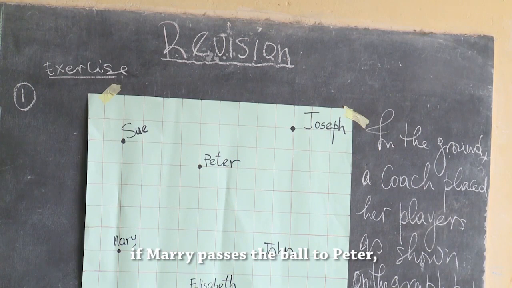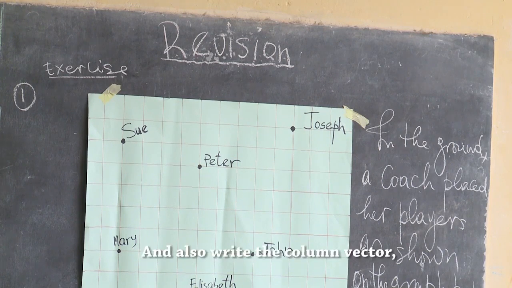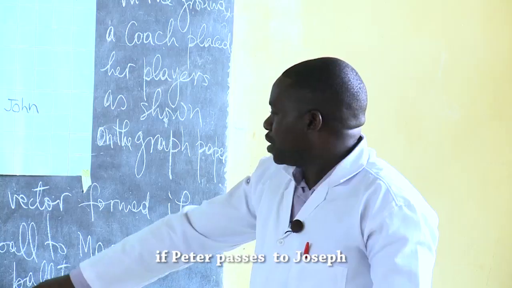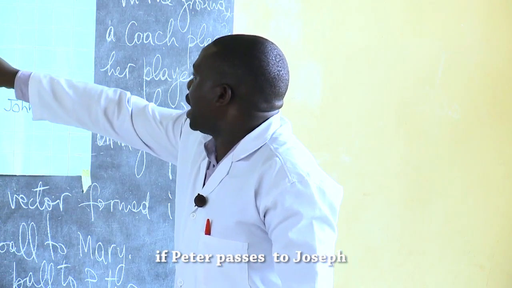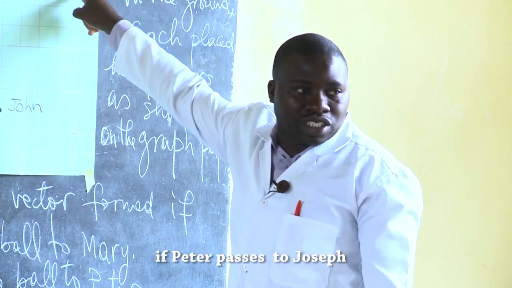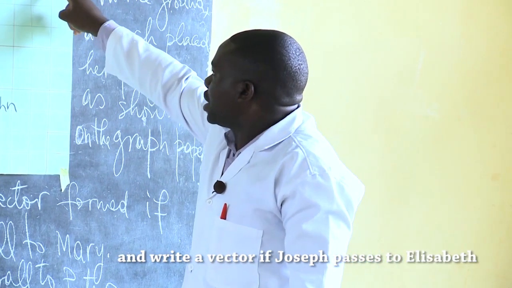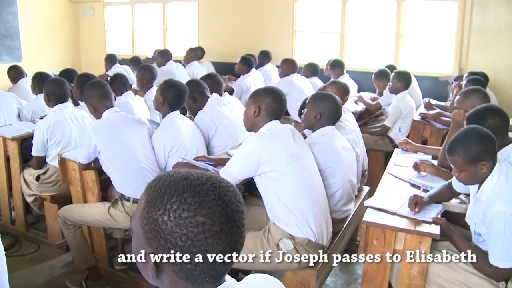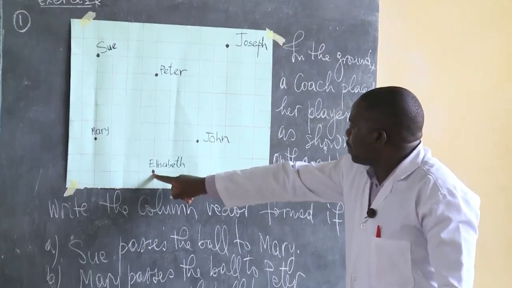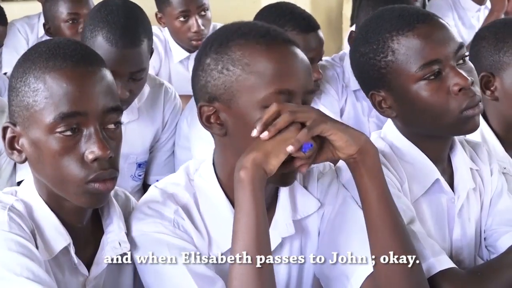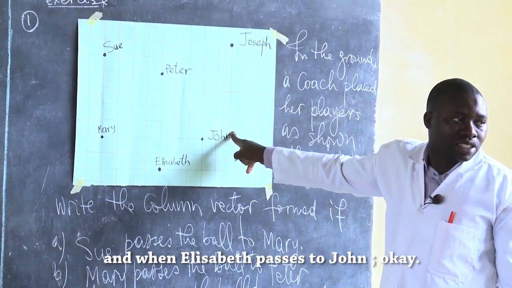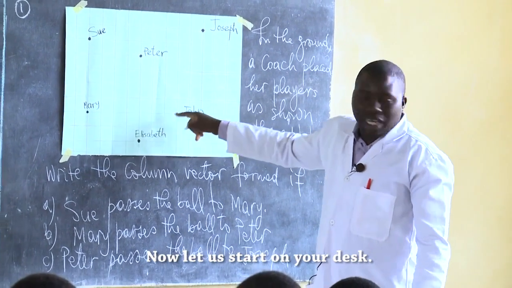And also write the column vector if Peter passes to Joseph, and write the vector if Joseph passes to Elizabeth. And also when Elizabeth passes to John. Okay? Now let us start, on your desk.